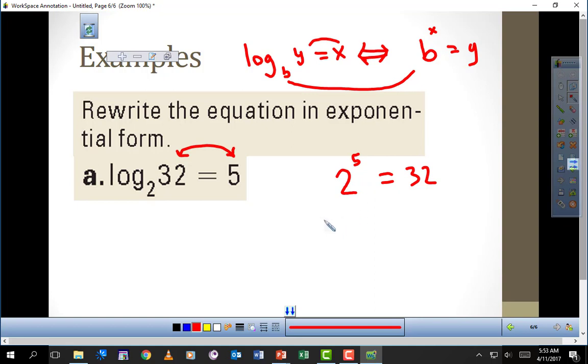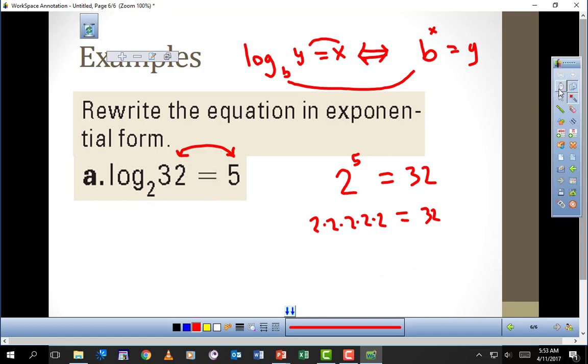And that makes sense because 2 times 2 times 2 times 2 times 2 is equal to 32. Kind of interesting. I know it is a little bit bizarre at first, but this is the new function that we have to deal with, and it's going to turn out to be the inverse function for an exponential function.